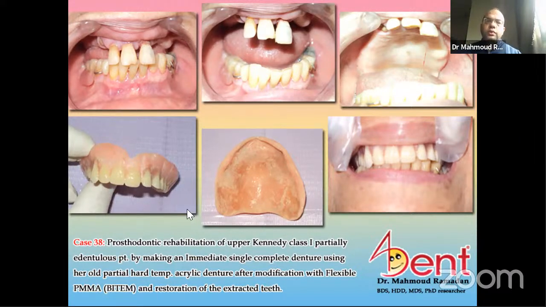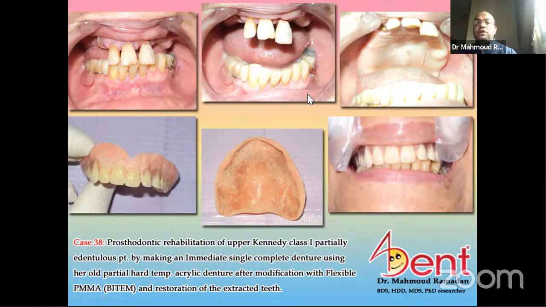This is also a case of immediate overdenture. Here, the patient came with a partial denture and his teeth are like this. We make an endodontic treatment and make an immediate denture for the patient in order to manage this case temporarily.